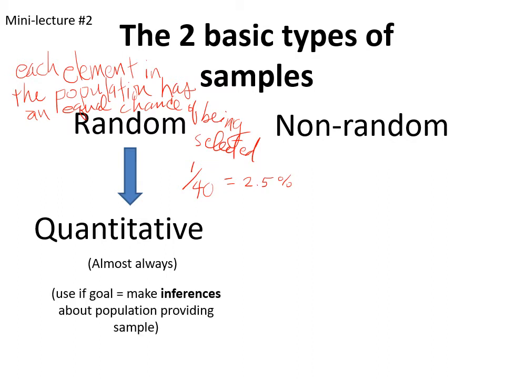And the reason that we would want to use a random sample is that we want to make inferences about a population that's providing the sample. You would cover this more in a statistics course, but I've taught a bunch of those. So for now, take it on faith, if you will, that random samples are what you need if you want to generalize from your sample to the population.